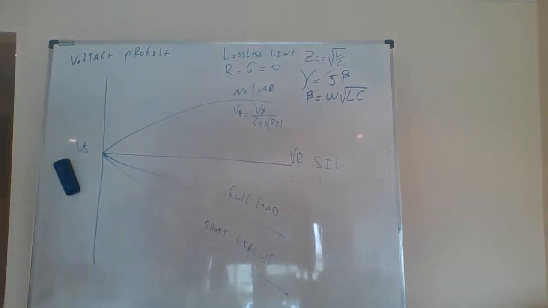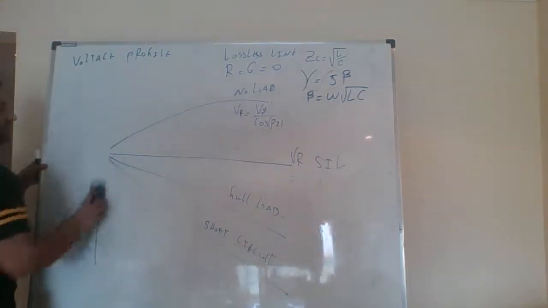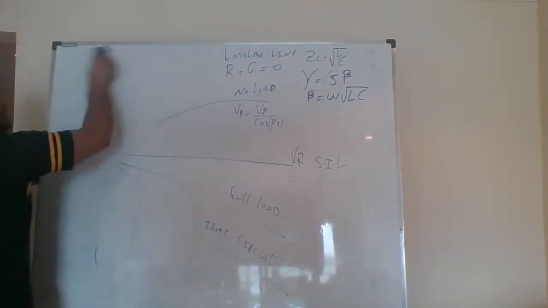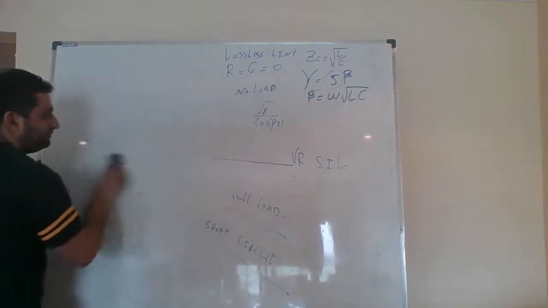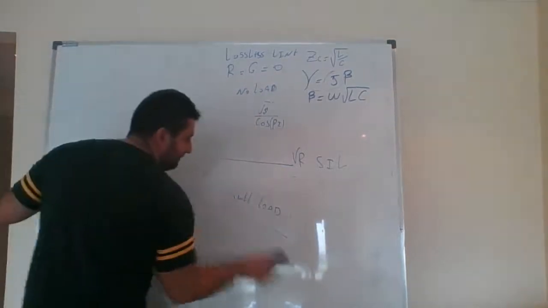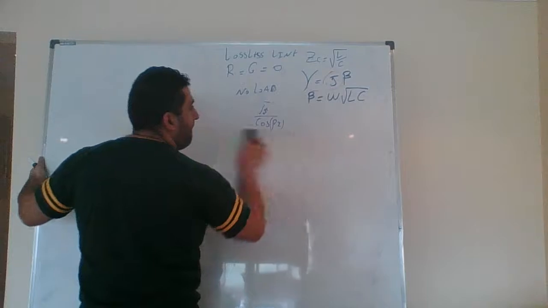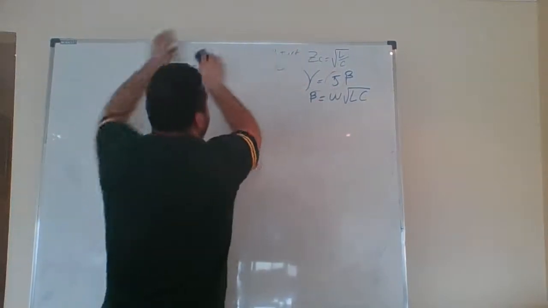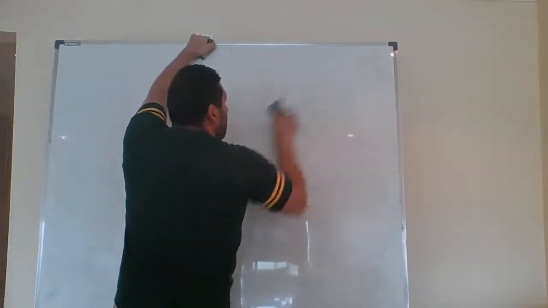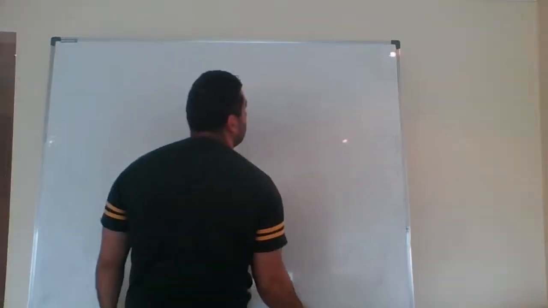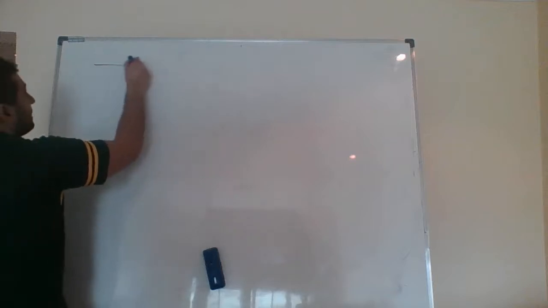The last element I have is the steady state stability. What's steady state stability? Let's look at it now. If I have the circuit, remember, I go back and sketch my circuit.